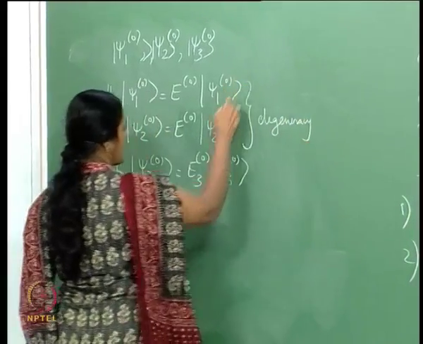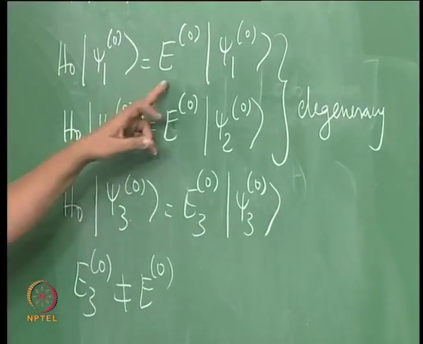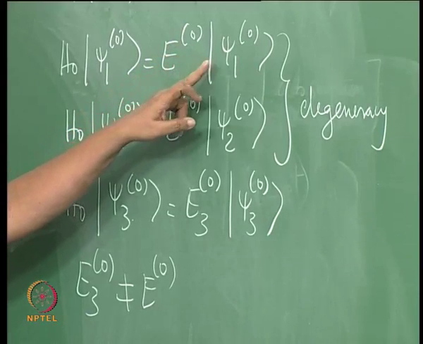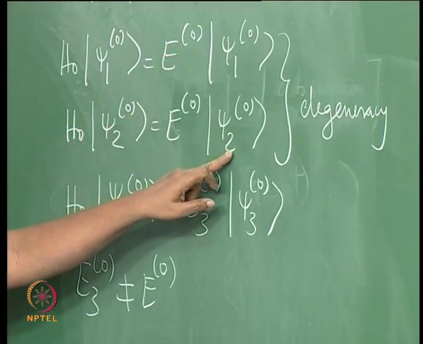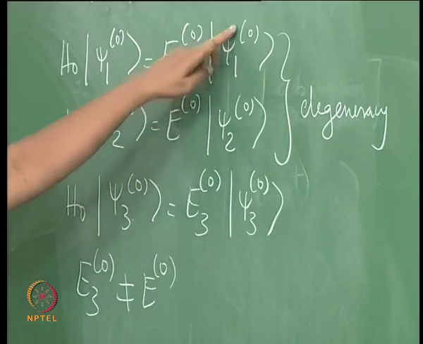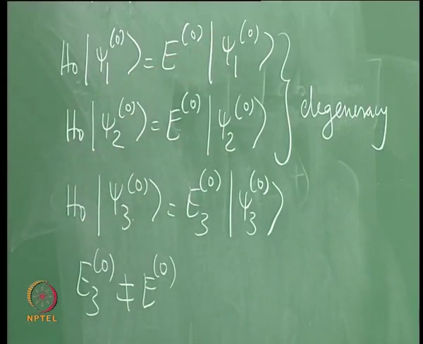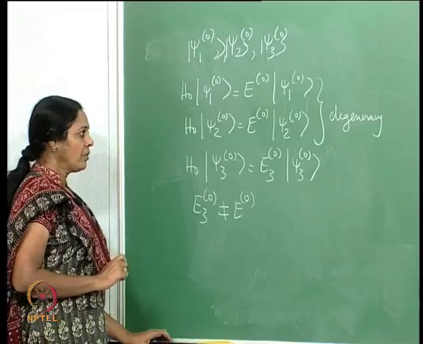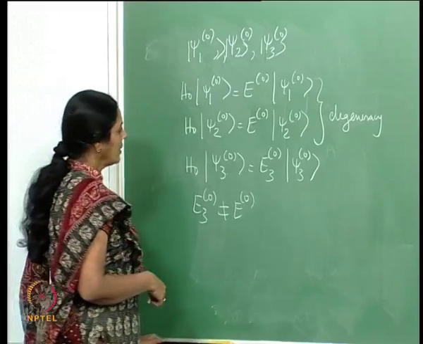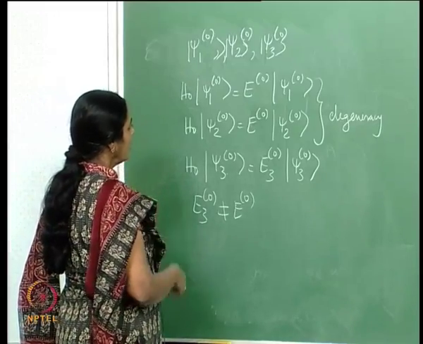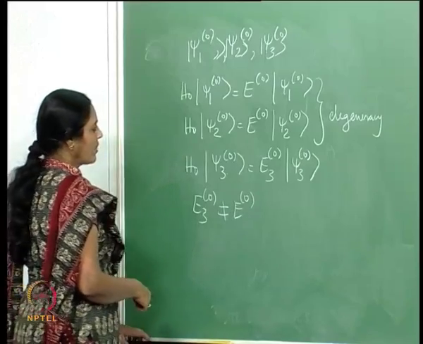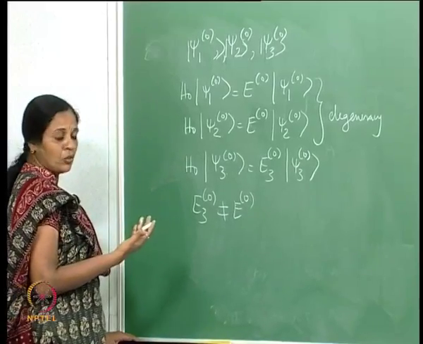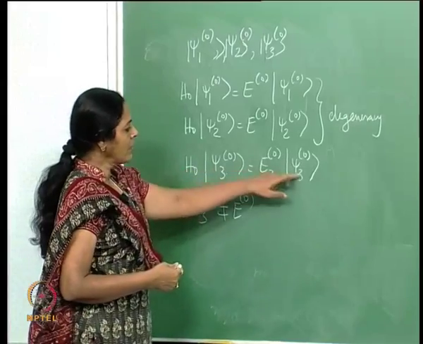The degeneracy is here. Corresponding to the energy value E 0, there are 2 linearly independent states, psi 1 0 and psi 2 0. These are normalized states, they are orthonormal to each other. In that case, I could do the following thing. The trouble does not come from here.